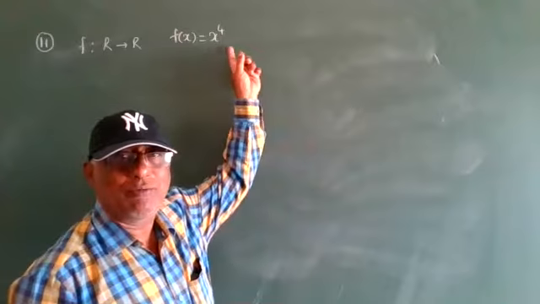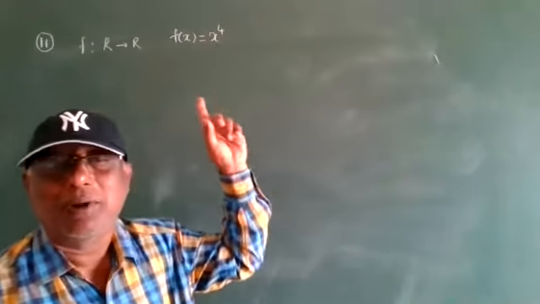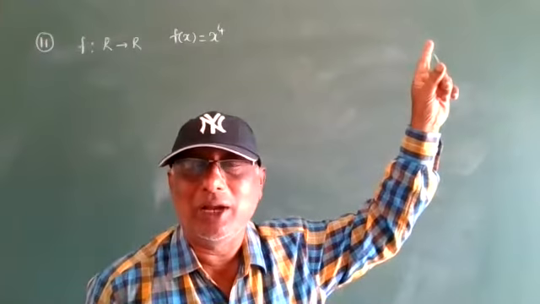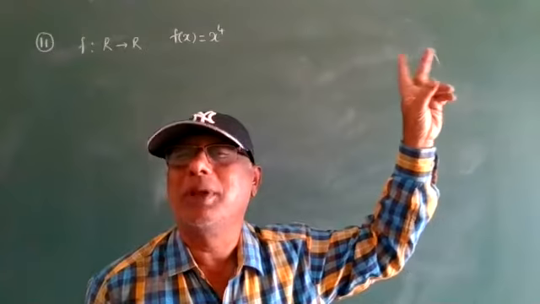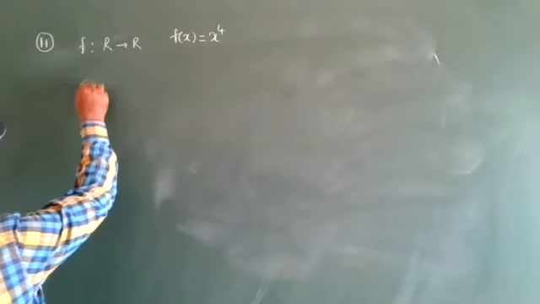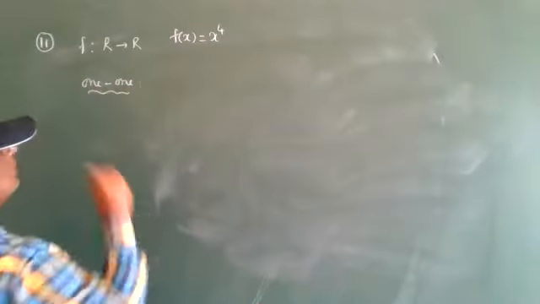So x power 4, an even power, always gives positive values only. There is no question of getting a negative value in the codomain. One image has 2 pre-images. Very good, immediately write down. So not one-one.